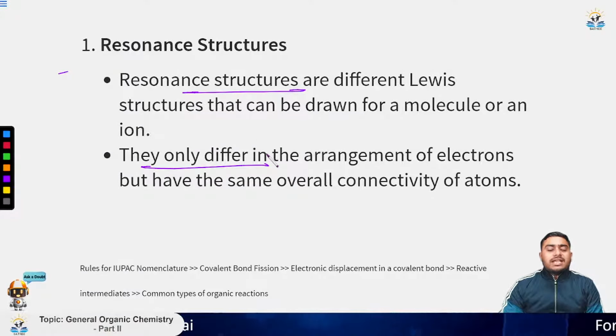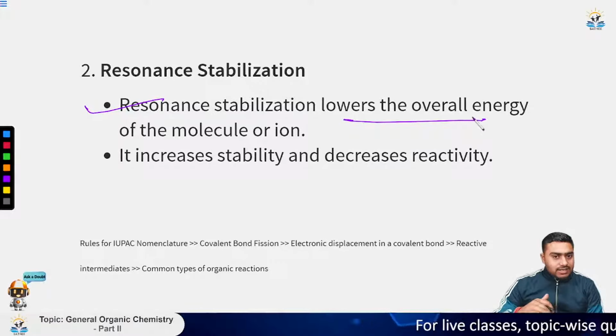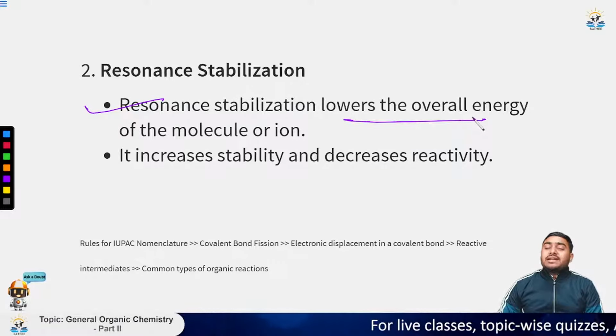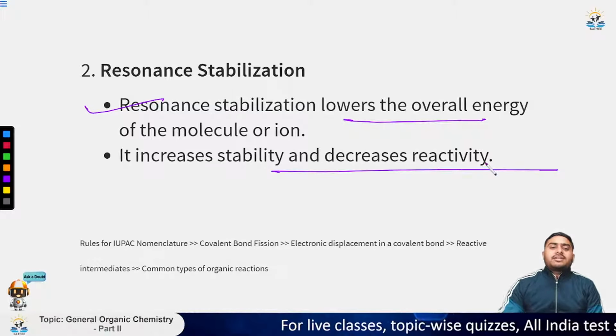They only differ in the arrangement of electrons or the formation of bonds between atoms. For example, first the double bond is formed between carbons 1 and 2, next time between other carbons. But the total number of bonds, total charge, and everything else remains the same. Connectivity of atoms should be the same. Resonance stabilization lowers the overall energy of the molecule or ion and increases the stability. If energy is less, definitely there is more stability, and reactivity decreases.